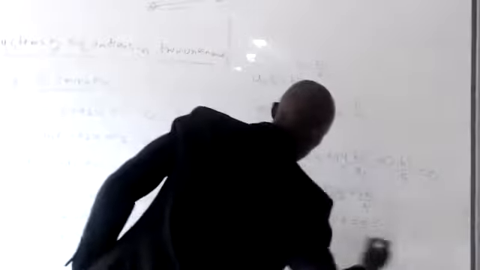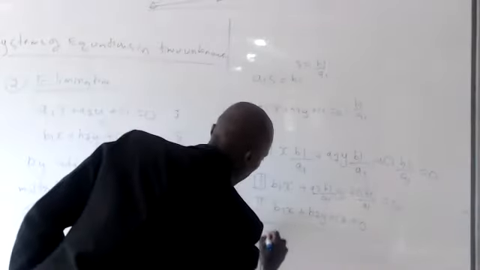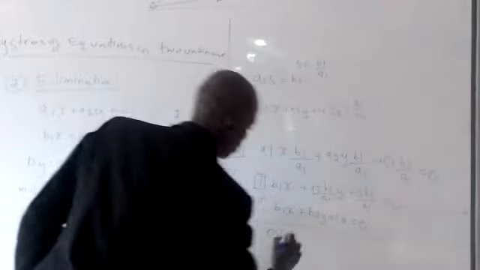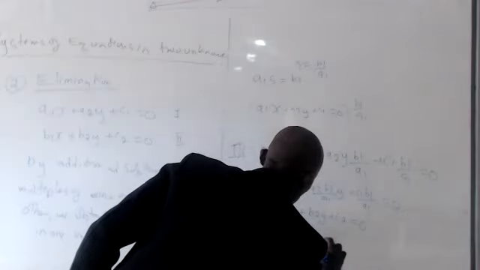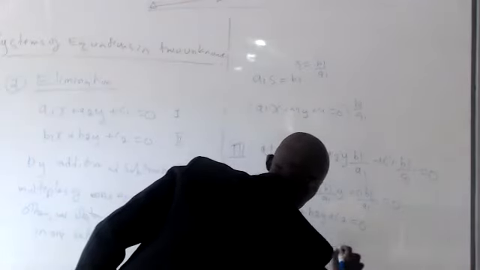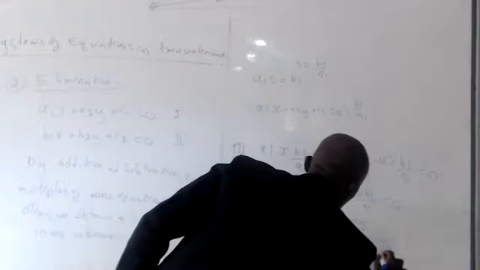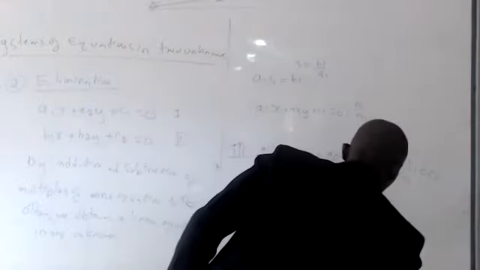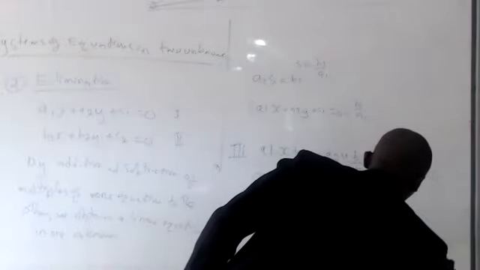So subtract these two equations. b1 minus b1 is 0. So you have 0 times x plus a2 b1 divided by a1 minus b2, all by y, plus c1 b1 divided by a1 minus c2, all of this is equal to 0.